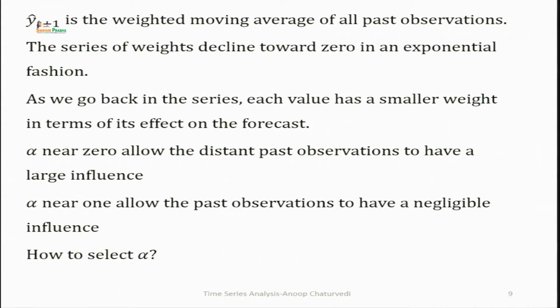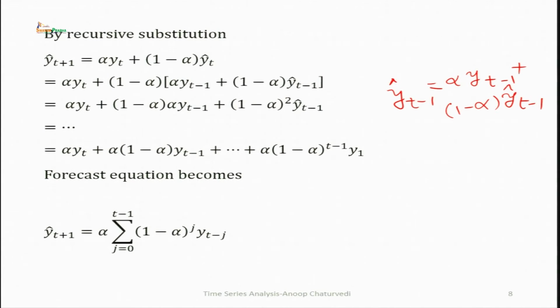Again you look at this expression. Now, alpha lies between 0 and 1. So, 1 minus alpha also lies between 0 and 1. So, as j increases, 1 minus alpha to the power j decreases.